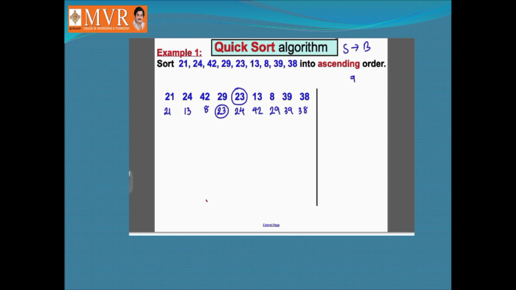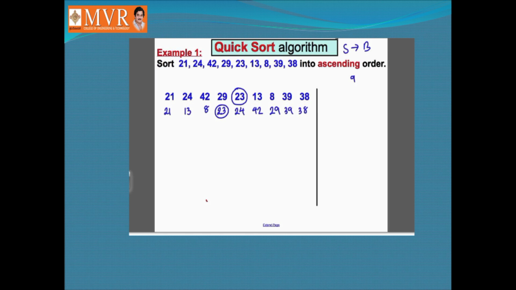Here I have taken some random element, 23, as the pivot element, and I compared it with 21, then 38, then 24, 39, 42, 13. Like that, I will compare one at the left and one at the right, and go on comparing.